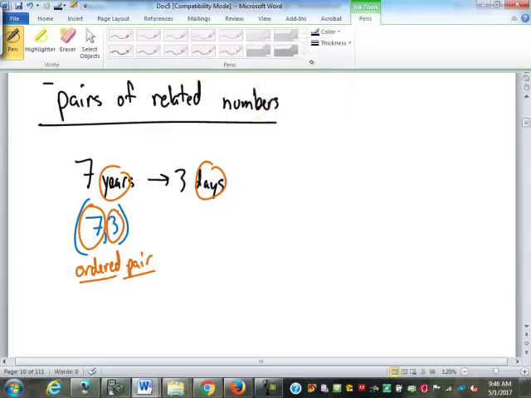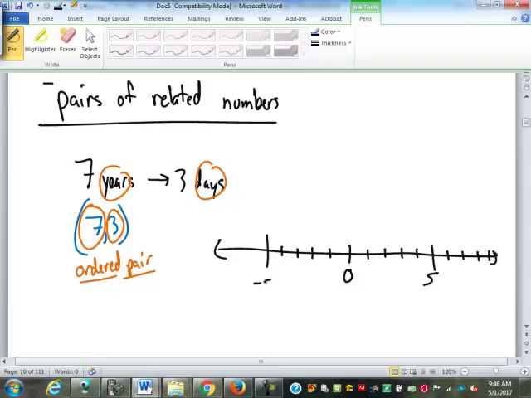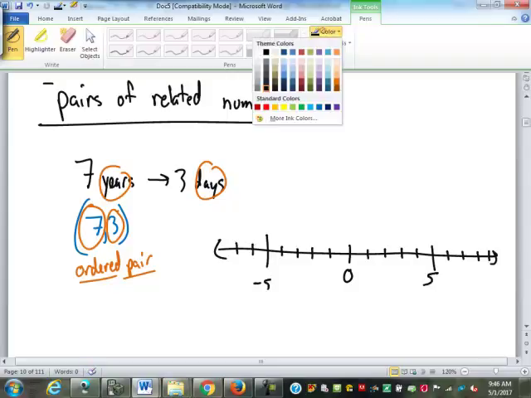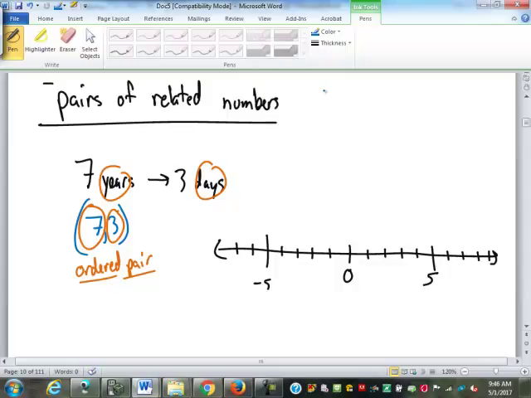Now, if you go way back to our first couple weeks of class, when we were talking about dealing with negative numbers and integers, we represented numbers graphically with a number line. There's a couple of different ways we could represent numbers.